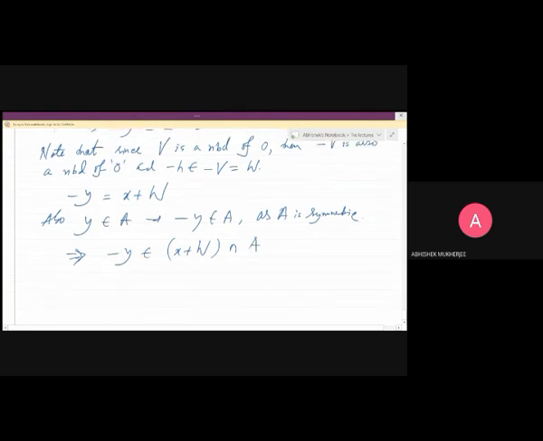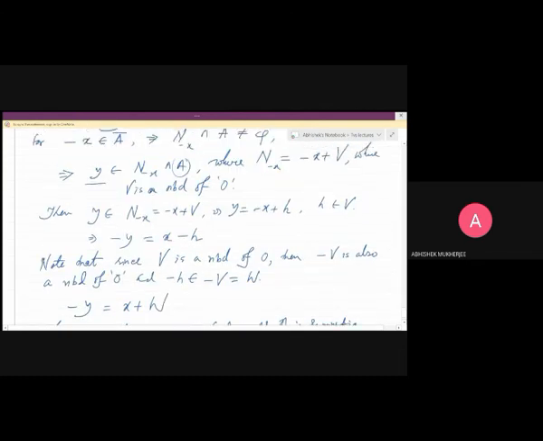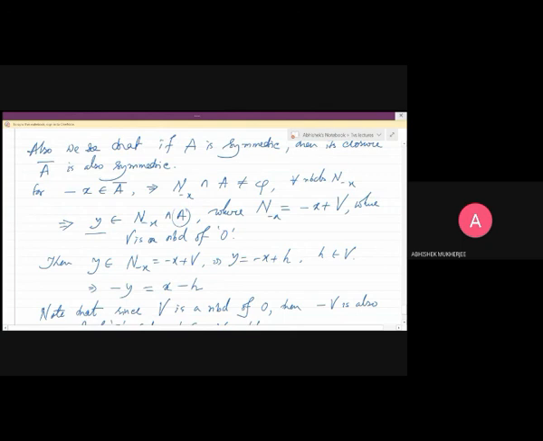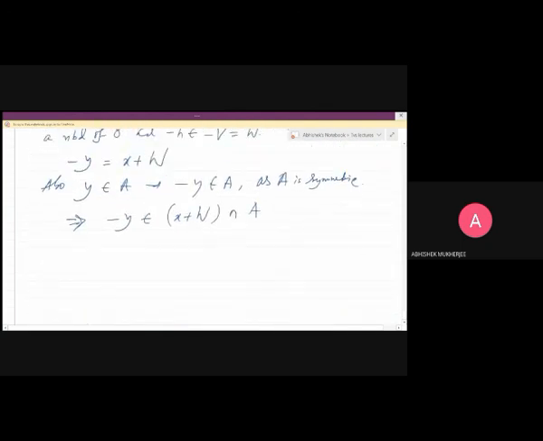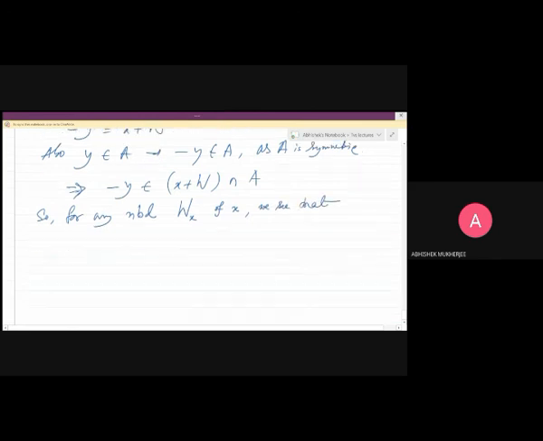So for any neighborhood W_x of small x, we see that W_x can be represented as x plus W, where W is a neighborhood of 0.